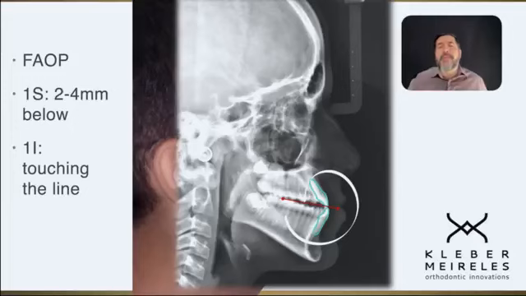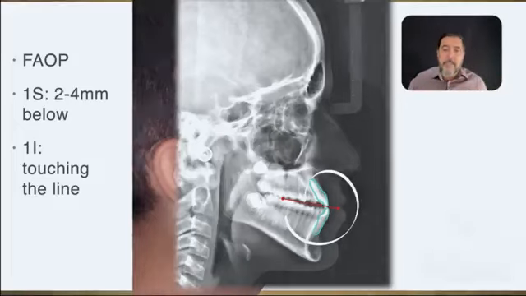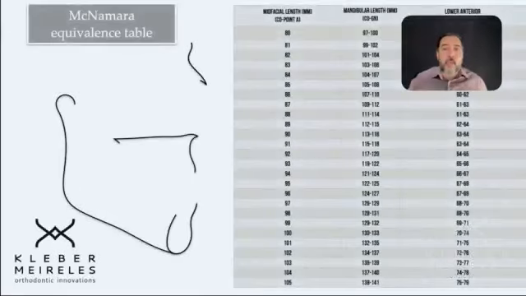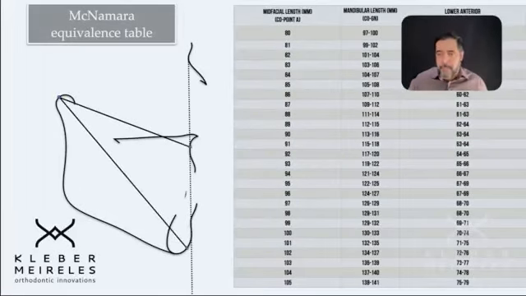Well, let's see one case like this, in which we don't have enough exposure of upper anterior teeth during smile. In the cephalometric analysis, we see that this patient has both vertical and sagittal deficiency of the maxilla, and I want to correct this using the concept of the vertical displacement of the mandible.